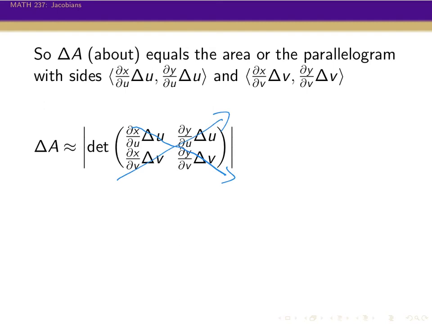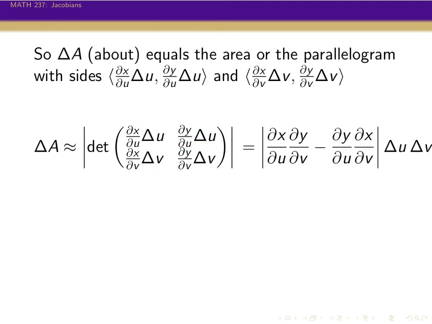Each of them has a delta u and a delta v, so doing that out, we end up with this nice little formula: partial of x, partial of u, times partial of y, partial of v, minus partial of y, partial of u, times partial of x, partial of v, absolute value of that times delta u, delta v. We can pull the absolute value just on this part because we're assuming that delta u and delta v are always positive.